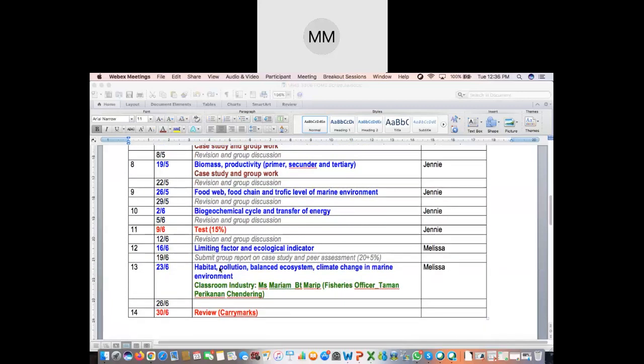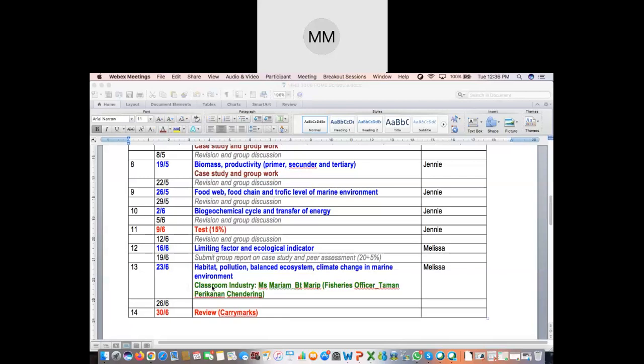And then for the last 2 lectures, I will take over again, which will be limiting factor and ecological indicator, as well as habitat, pollution, and balanced ecosystem. It's somewhat similar to what you learned in invertebrate marine biology, but it's catered to a wider aspect of case studies.